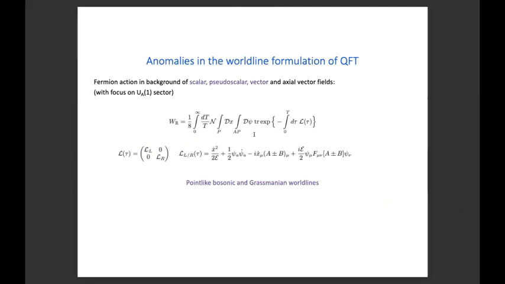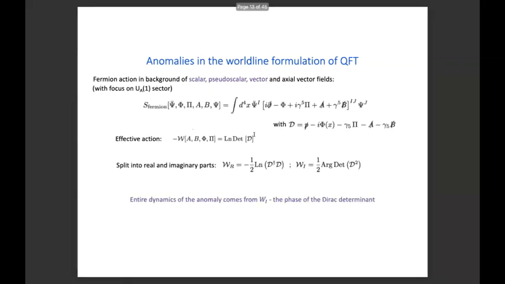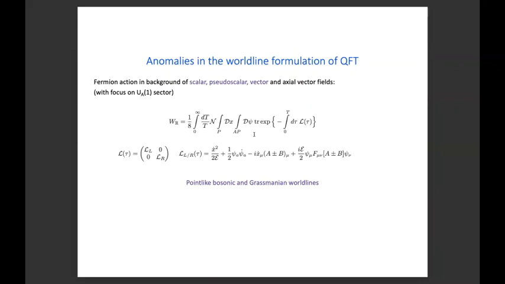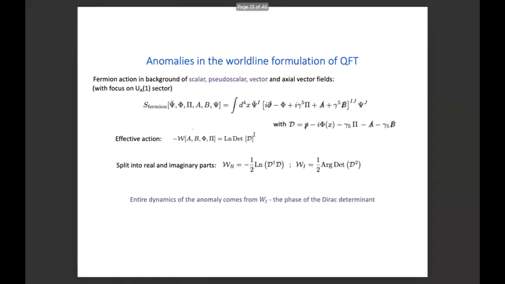Before I go there, you can write down the real part, which is the log of D dagger D, in a heat kernel representation. You can write the log of the determinant as trace of log, and then use Schwinger's trick and sandwich D dagger D between fermionic and bosonic coherent states.